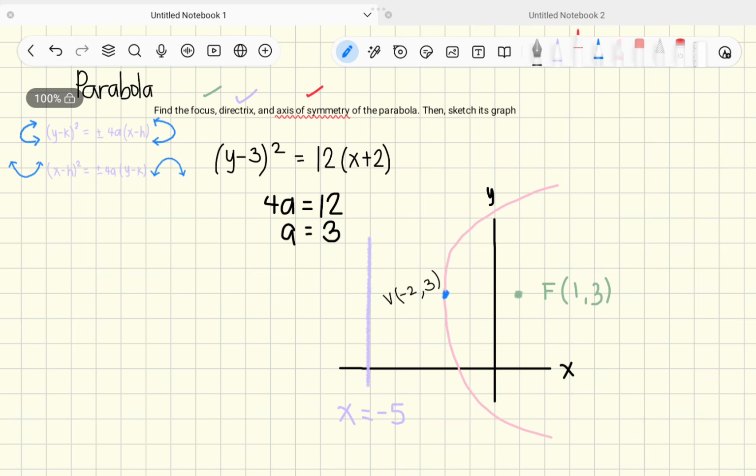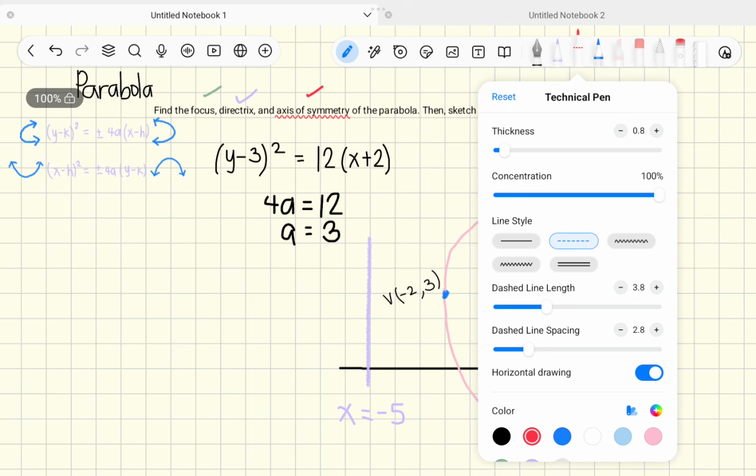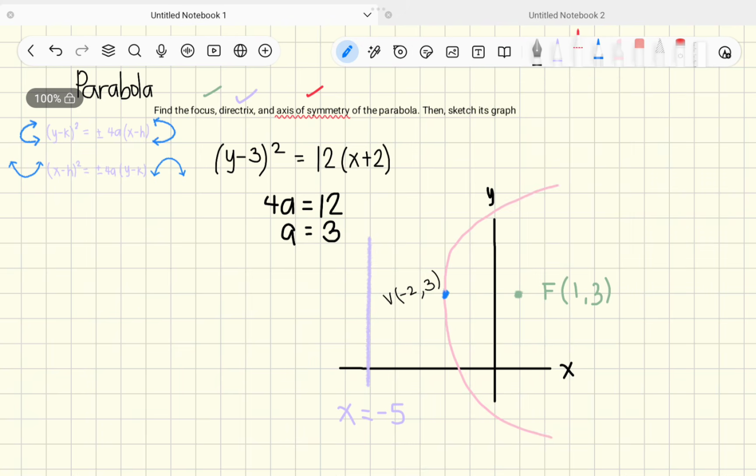Since the vertex is no longer at the origin, let's trace your axis of symmetry. Simply, we look for a line that passes through your vertex and is perpendicular to the directrix.